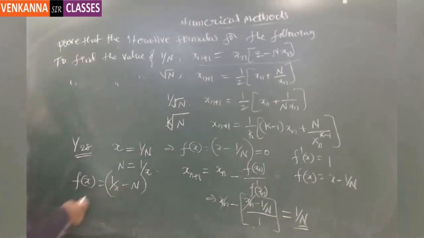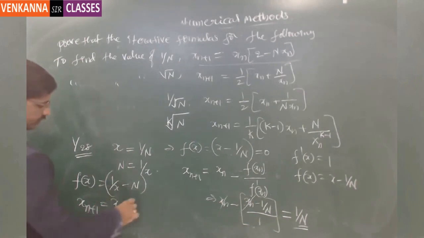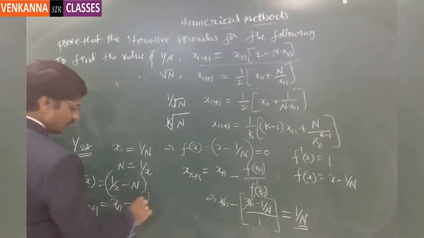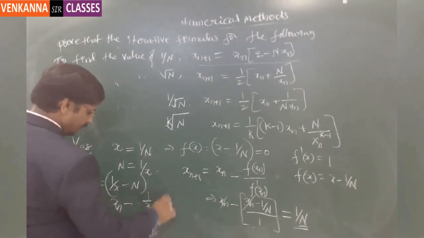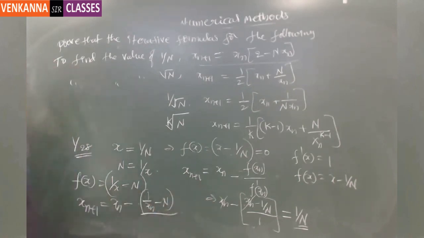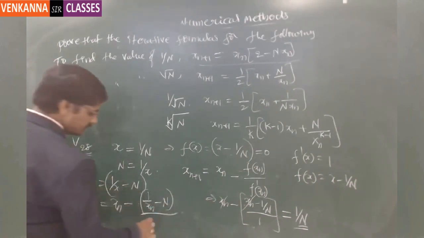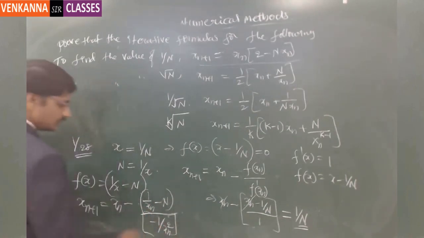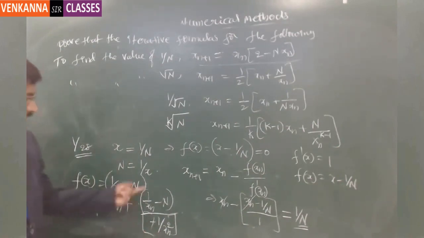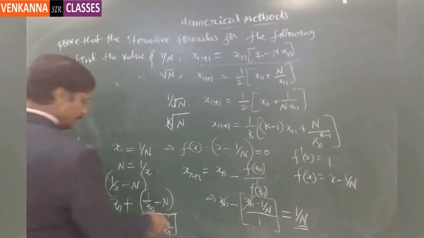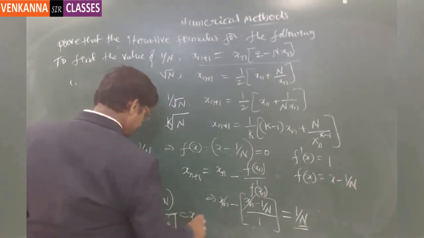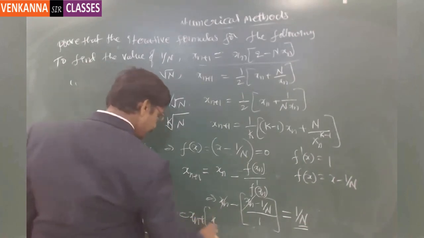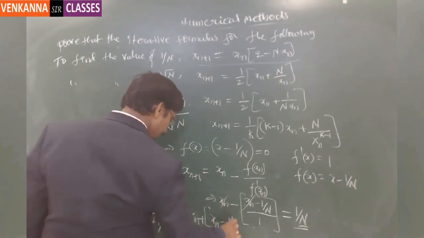So if you try to find it, x n plus 1 equals x n minus f of x n, which is 1 by x n minus n, divided by f dash of x. f dash of x is minus 1 by x n whole square. So this minus minus will go to plus, and then 1 by x n square goes to the numerator, giving x n plus x n minus n x n square.